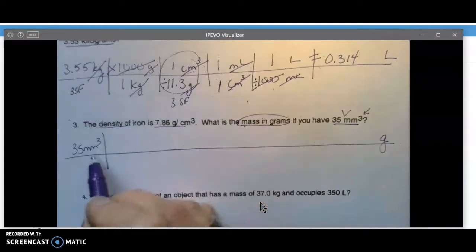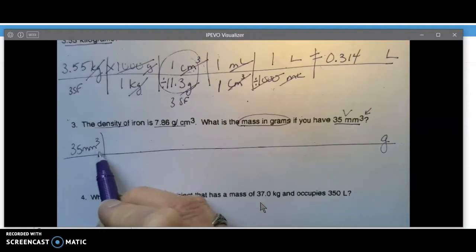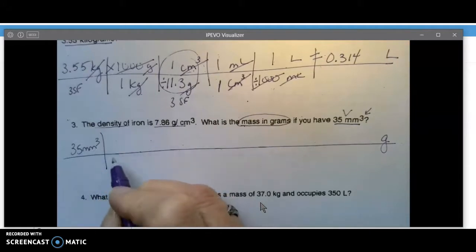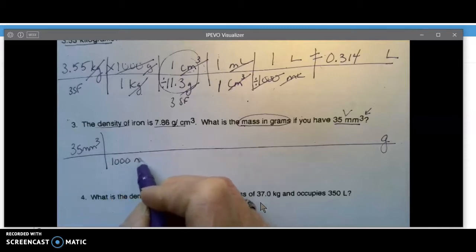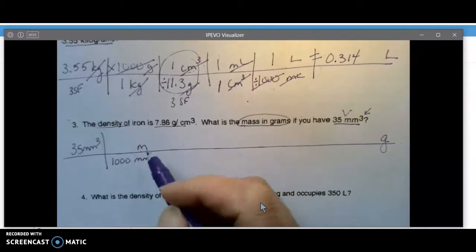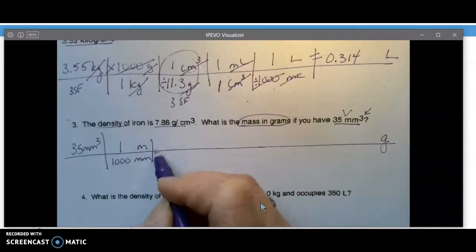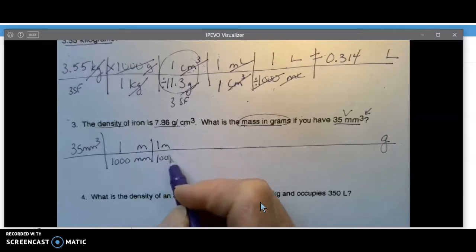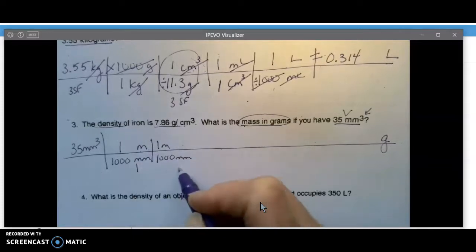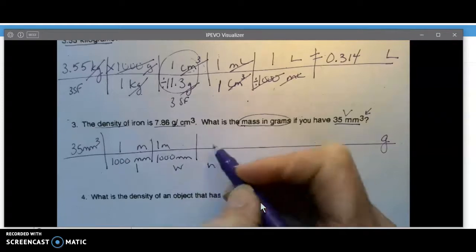So this is just basically changing my 3-dimensional. Remember, this was my length times width times height. So I need to change each one of those dimensions. So I'm going to have millimeters to meters. Again, your base unit, meters, is larger, and I need to do that 3 times because I've got to change the length, the width, and then the height.